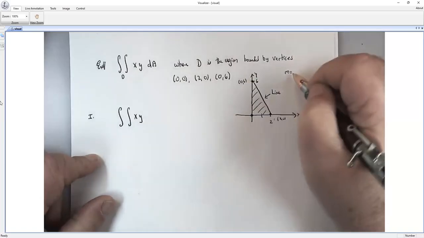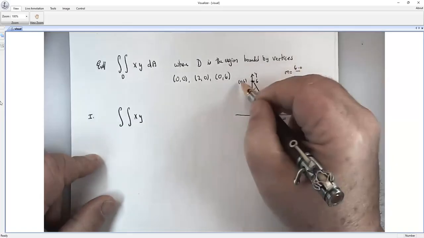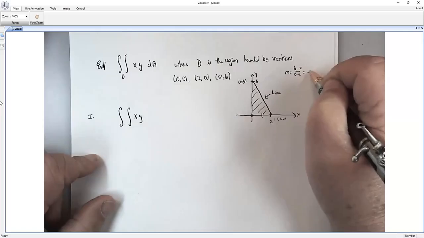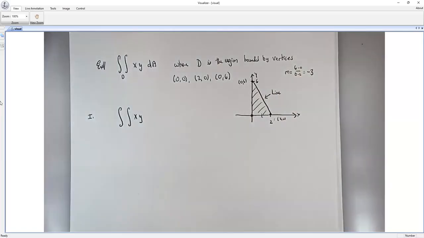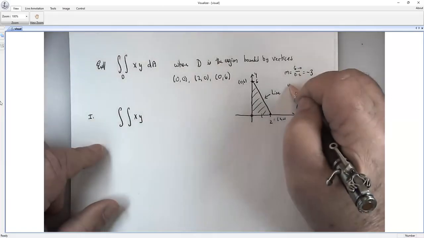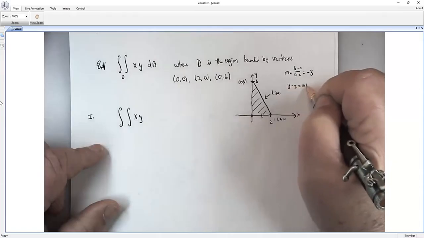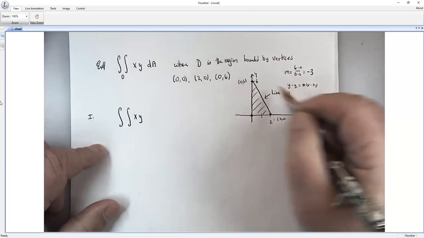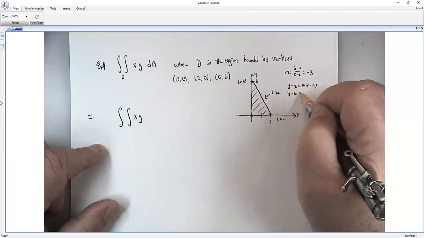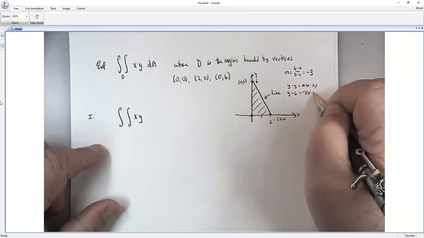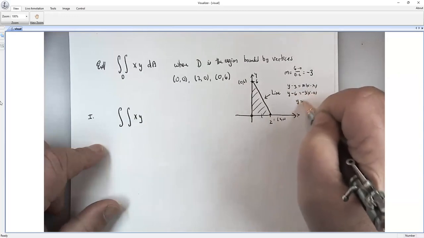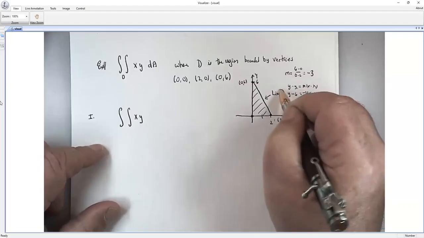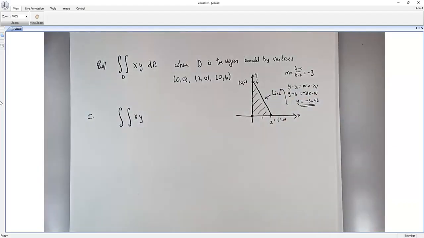That would be 6 minus 0 over 0 minus 2. According to my math, that's -3. Use the point slope formula, y minus y1 equals m times x minus x1. Pick a point, I like the point 0, 6. y minus 6 equals -3 times x minus 0. Solve for y equals -3x plus 6. There is the equation of the line. I had to come up with it on my own, but there it is.